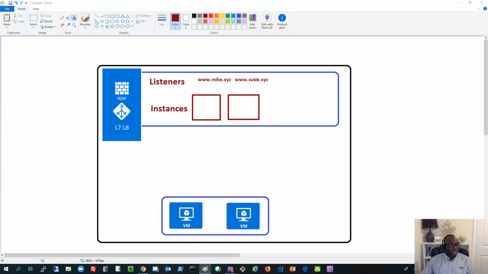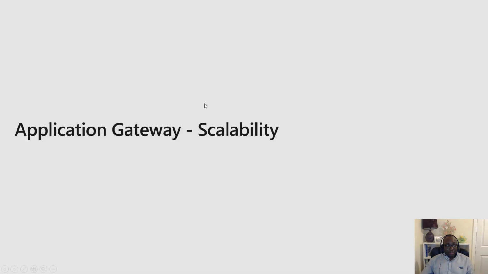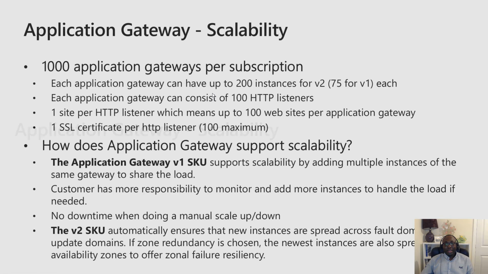So I'll skip forward and talk about some of the design considerations of the Azure Application Gateway. The first thing that we'll talk about is scalability. When we talk about the Azure Application Gateway and scalability considerations, the first thing is that we can have up to 1,000 application gateways per subscription.